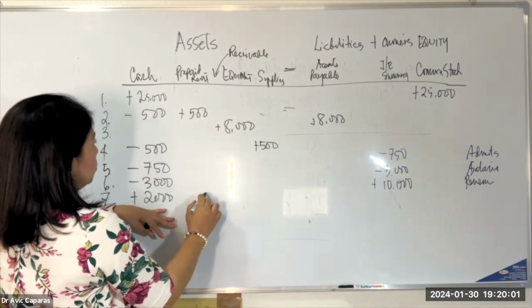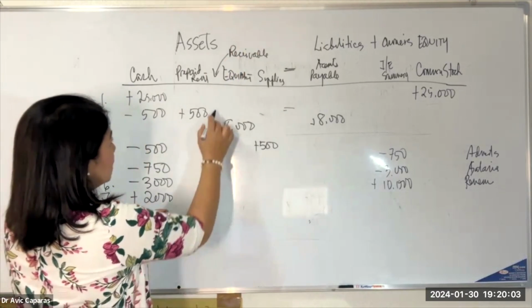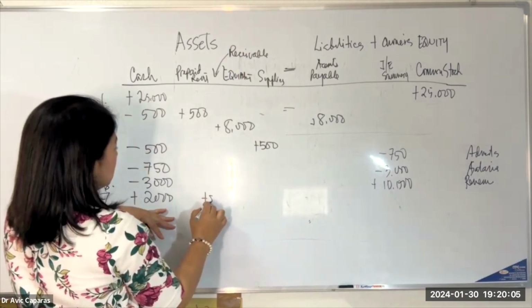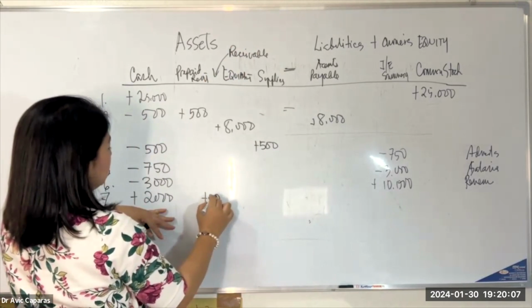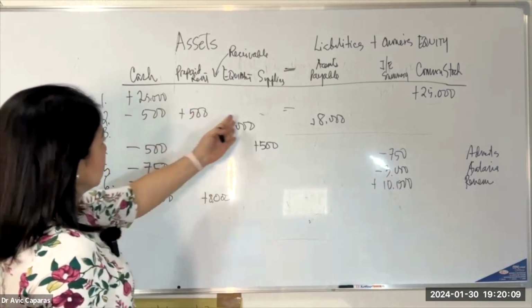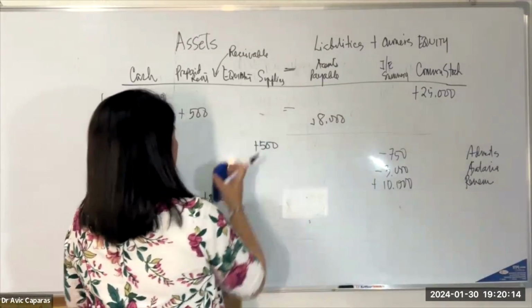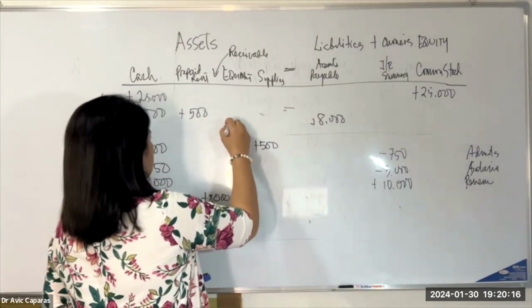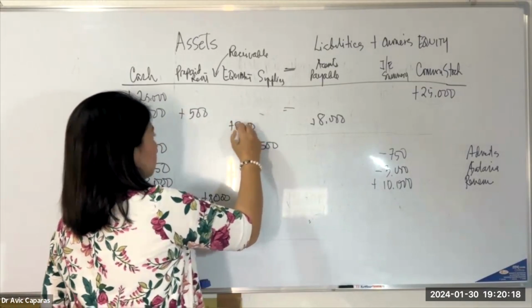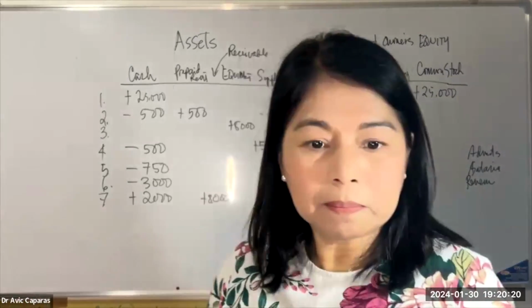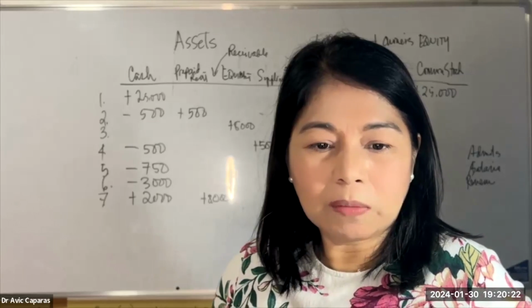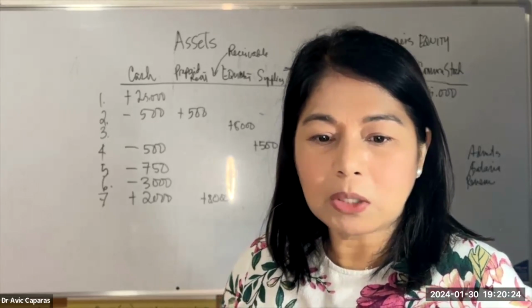Okay, so we will have, this is equipment 8,000. Also, we have receivable of 8,000. Okay, don't get confused. Let's just put it a little here, plus 8,000. So far, so good. Paid 5,000 of the 8,000 owed to the equipment supplier.